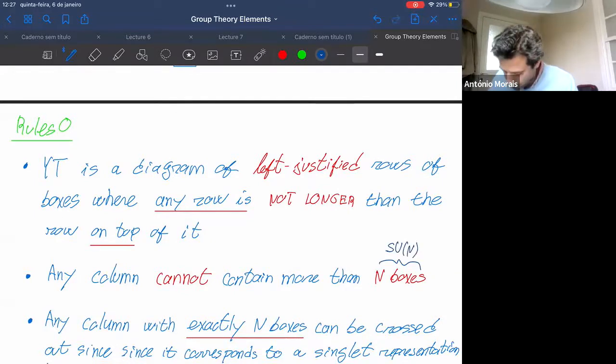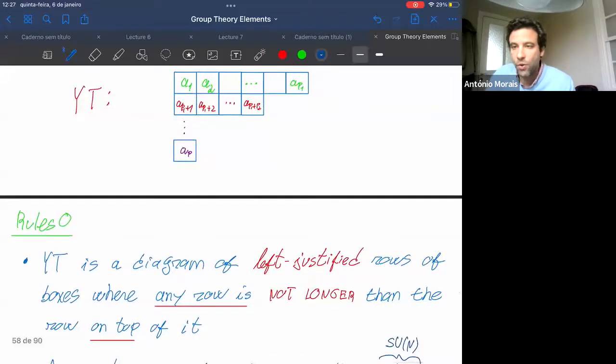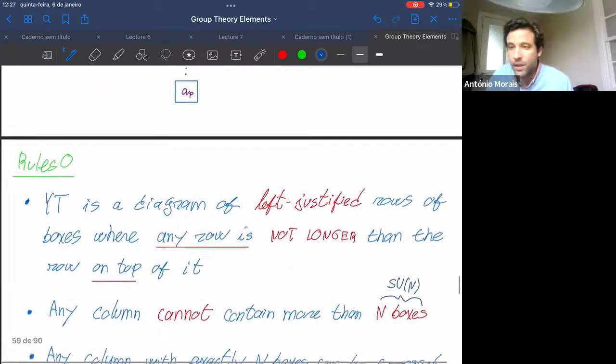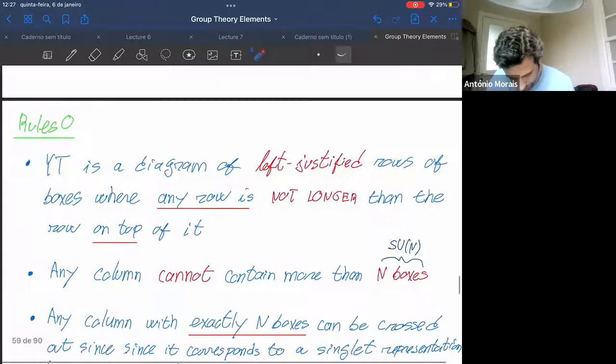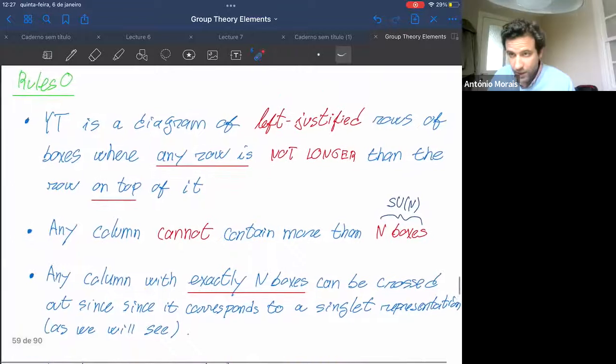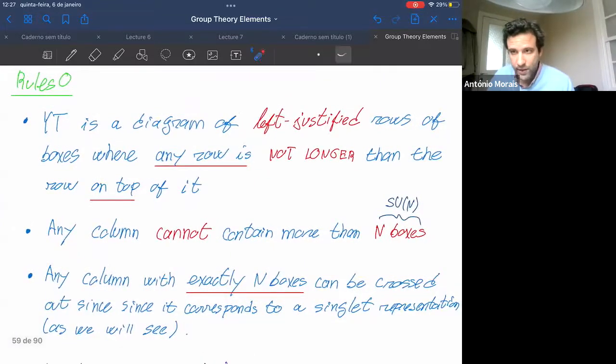So if it's SU2, the maximum length of the column is 2. If it's SU3, it's 3. If it's SU5, it's 5, and so on. And we will see this in more detail. So this is the second rule of the first set of rules.